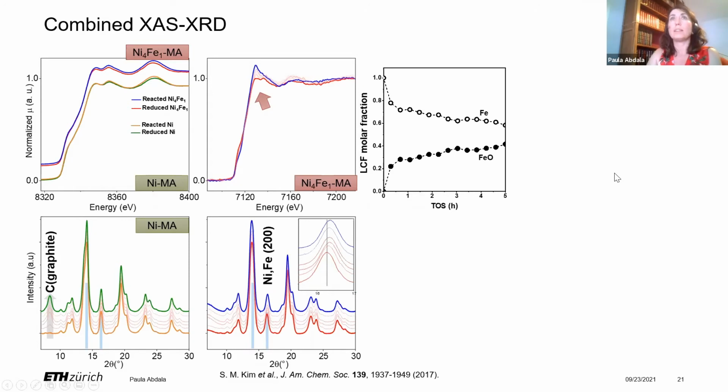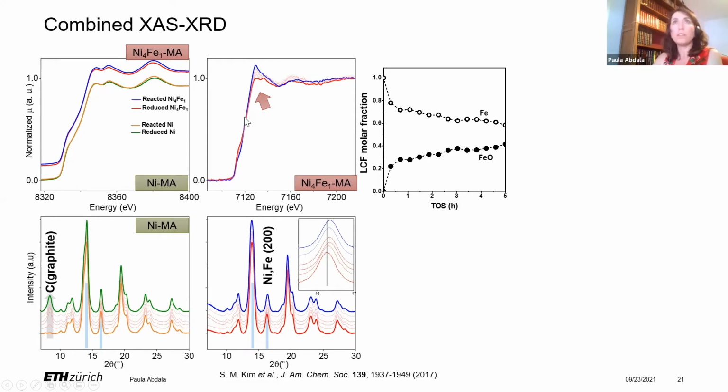So when we look at the nickel edge, in both catalysts, we have rather stable spectra. On the other hand, when we look at the iron edge, in the iron-containing materials, we observe oxidation with time on stream.